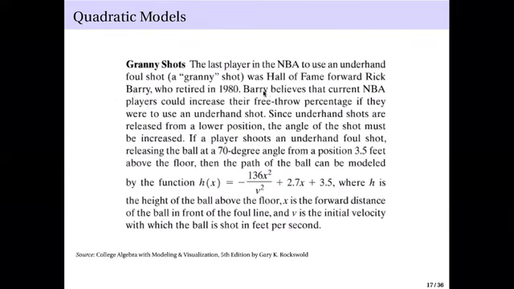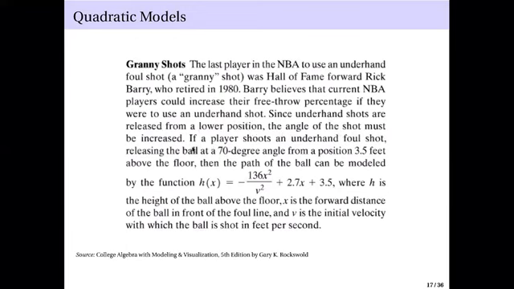Barry believes that the current NBA players could increase their free throw percentage if they were to use an underhand shot. Since underhand shots are released from a lower position, the angle of the shot must be increased.